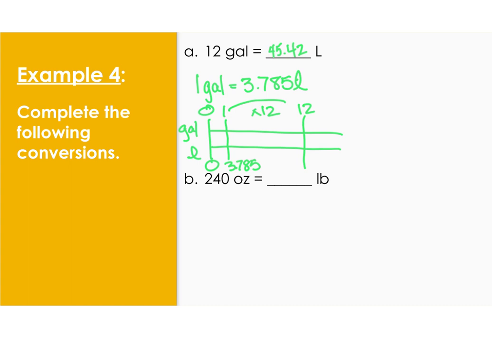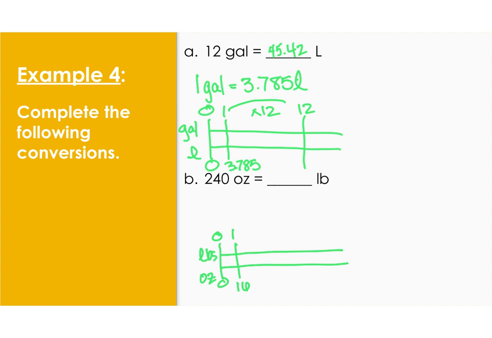So 240 ounces to pounds, we need to go back to our conversion chart on a double number line once again. We'll do pounds and ounces. So 1 equals 16.